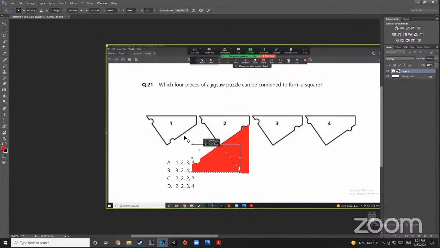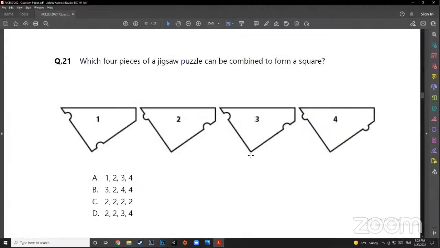This will be again 2, and this will be another 2. That is how it will end up making a square. Okay. Now option D, I will leave it to you to do. If you want, you can take a screenshot of this now.